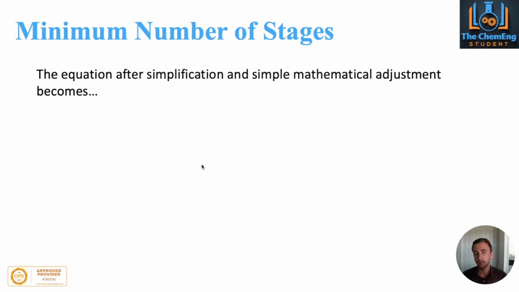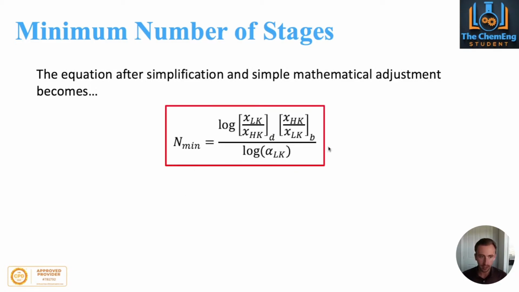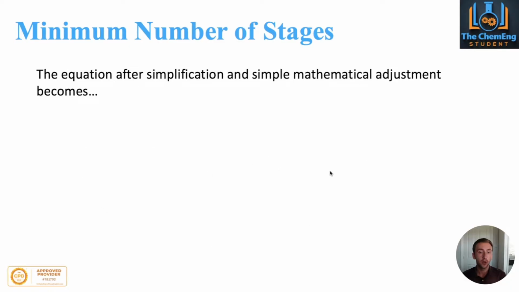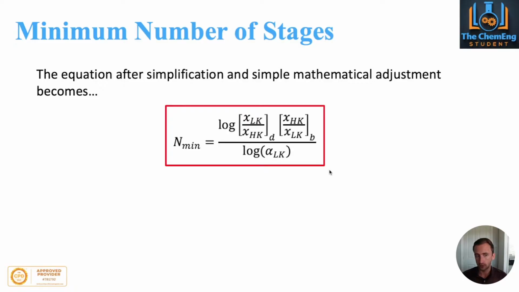Now, after the simplification and mathematical adjustments, the final equation that you probably have seen and tend to use is this one here. So we have it in its logarithmic state, because our n min is actually in a power. So in order to bring that down, we need to use the laws of logs. Now, the additional components here are xlk and xhk.